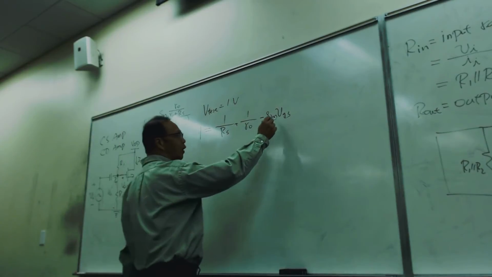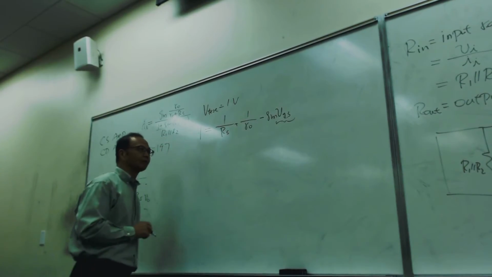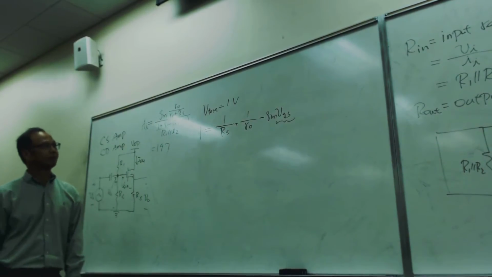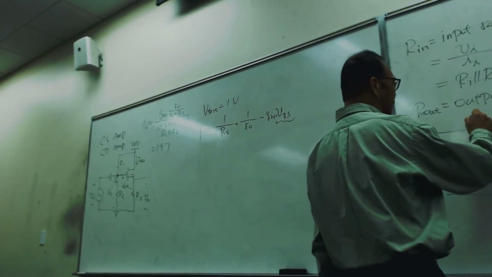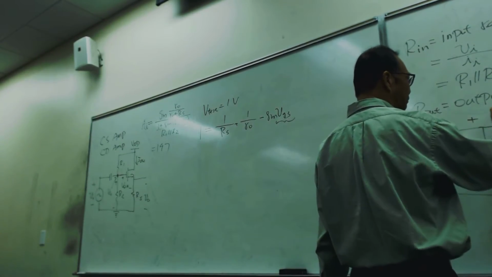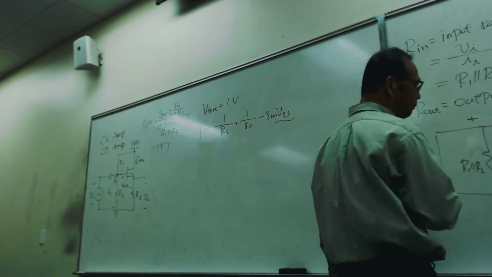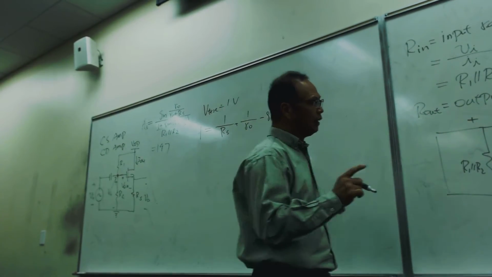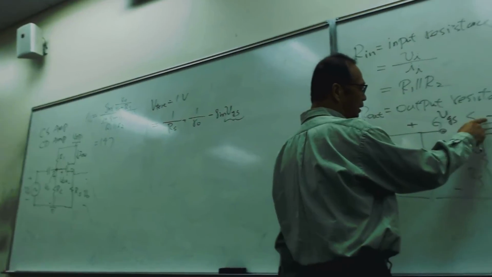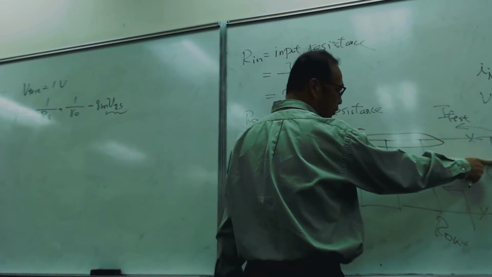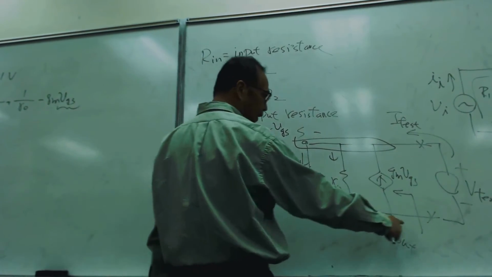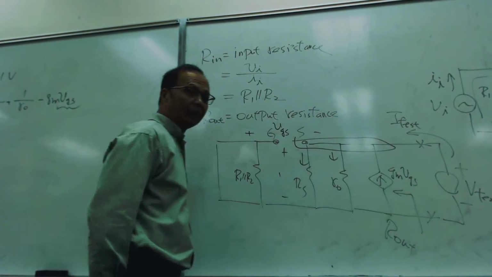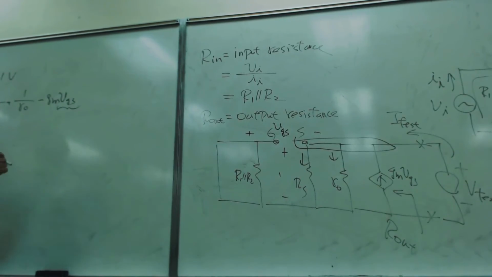Okay, but what is VGS? Because this is unknown. This is VGS, correct? Now look, VGS, the negative polarity is attached to the plus of V test, and the positive is attached to the minus of V test. So what does that mean?